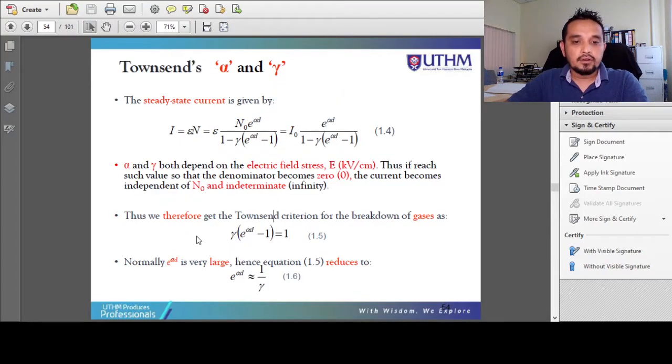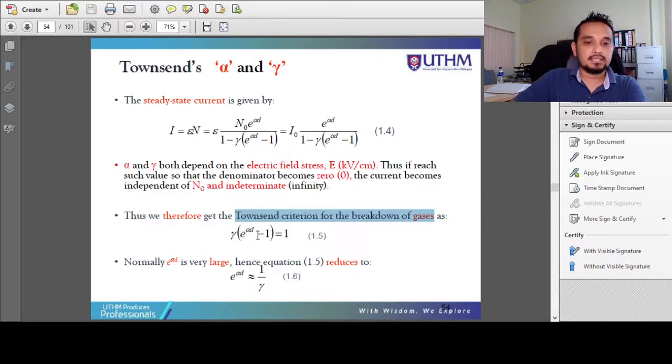Therefore, we can say that the Townsend criterion for the breakdown of gas is given by gamma, the secondary coefficient, times e to the power of alpha d minus 1 equals 1.